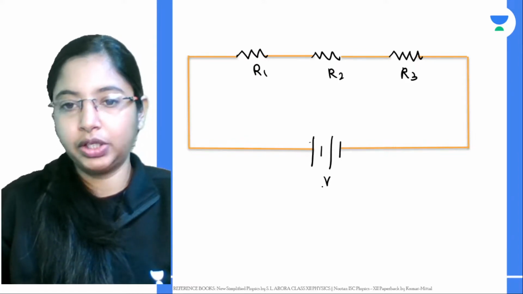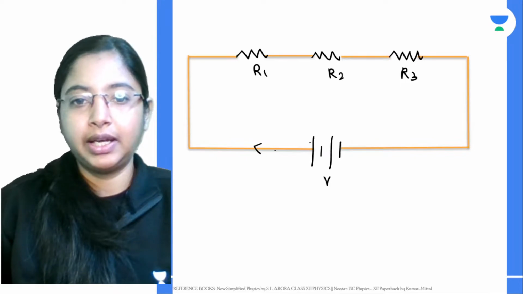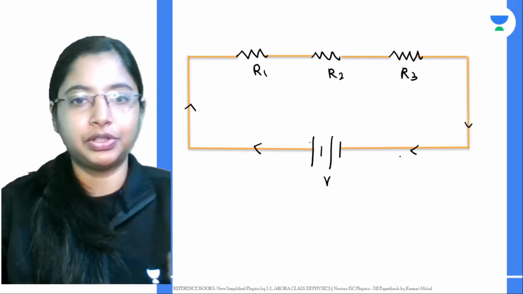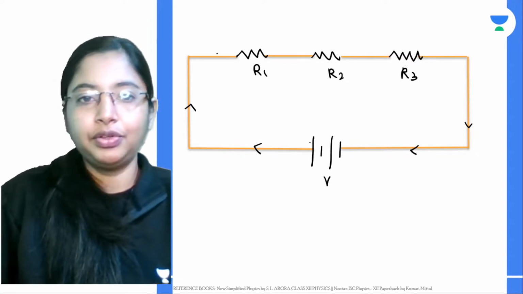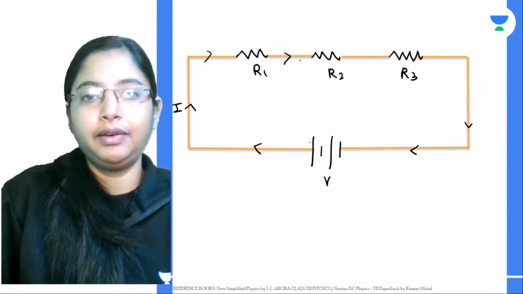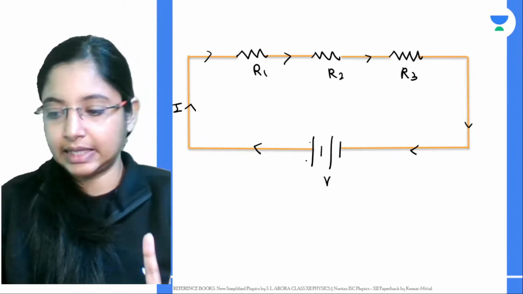So voltage is applied across here. Current flow will be in this direction, from the positive to negative terminal. The current flowing through all of these resistors is the same.